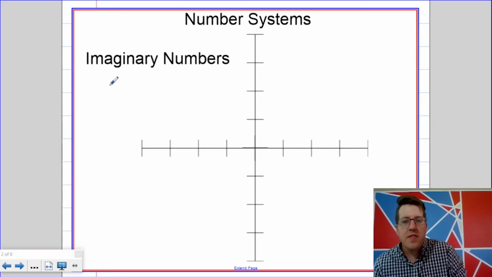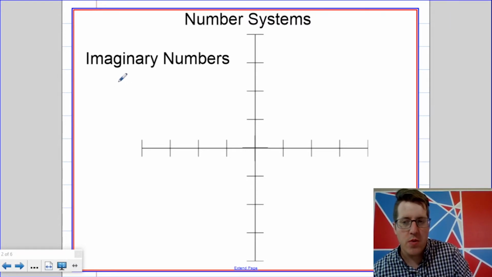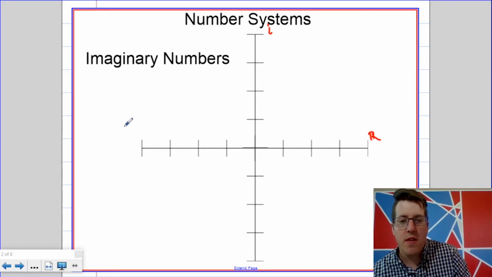Okay, so our next classification of number is the imaginary numbers. Now, imaginary numbers don't fit on the real number line, so we need to make a second axis, the imaginary axis. So we have a real axis, and we have an imaginary axis. Imaginary numbers are things like the square roots of negative numbers.